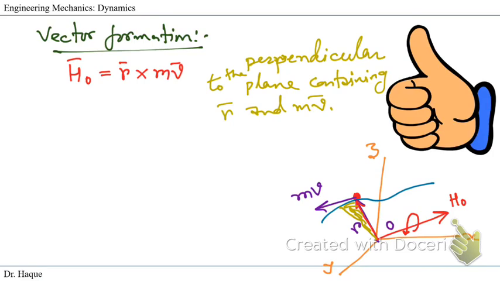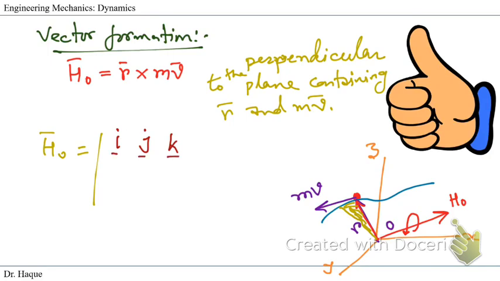So this is the vector formulation of the angular momentum. We can also write this angular momentum in matrix form if we have the directions in i, j, and k.